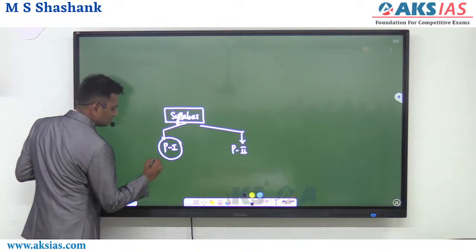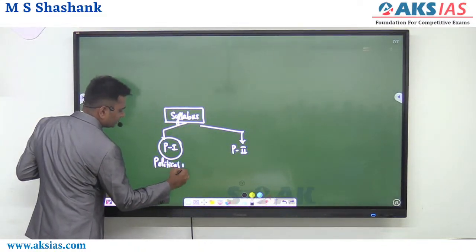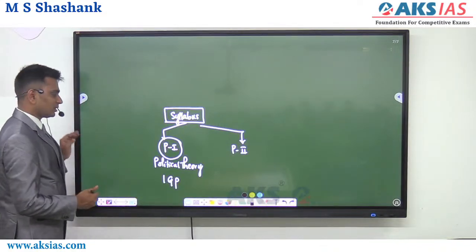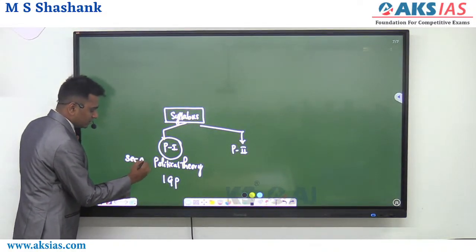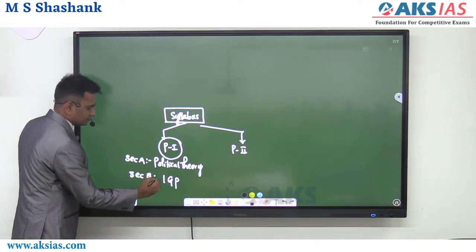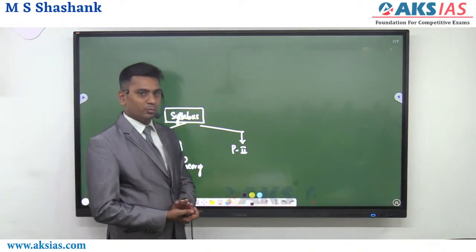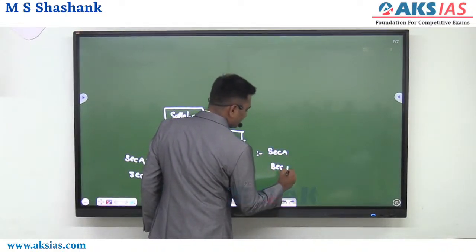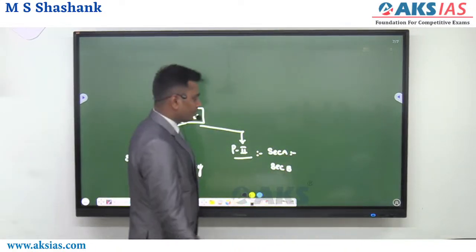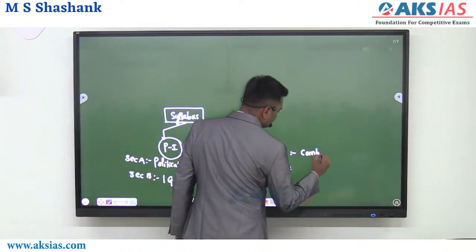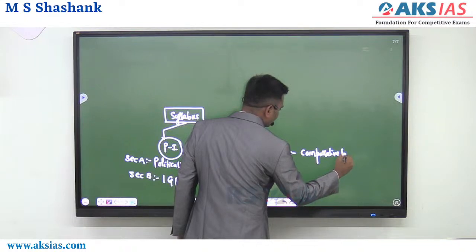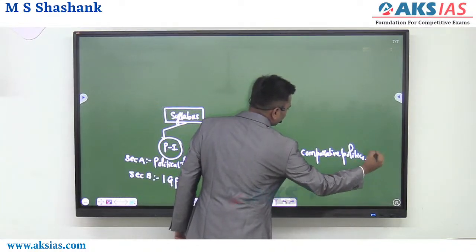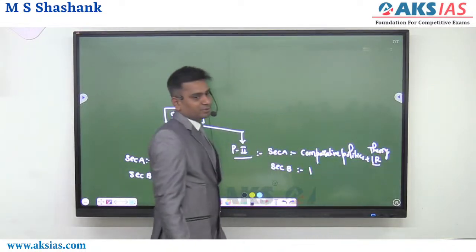Paper 1 speaks about political theory and Indian government and politics. Each paper has two sections, section A and section B. In paper 2, again you have two sections. Section A speaks about comparative politics and theory of international relations.